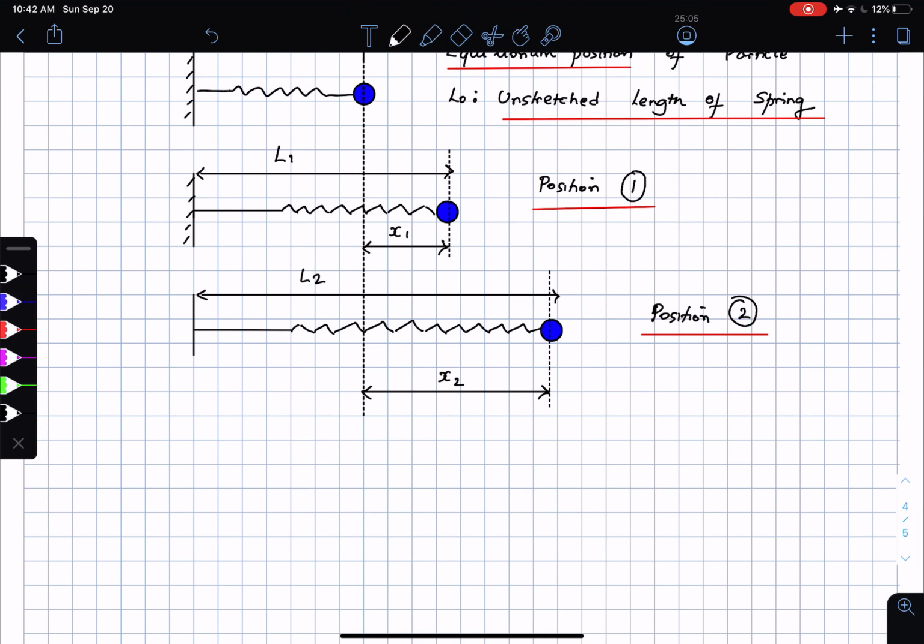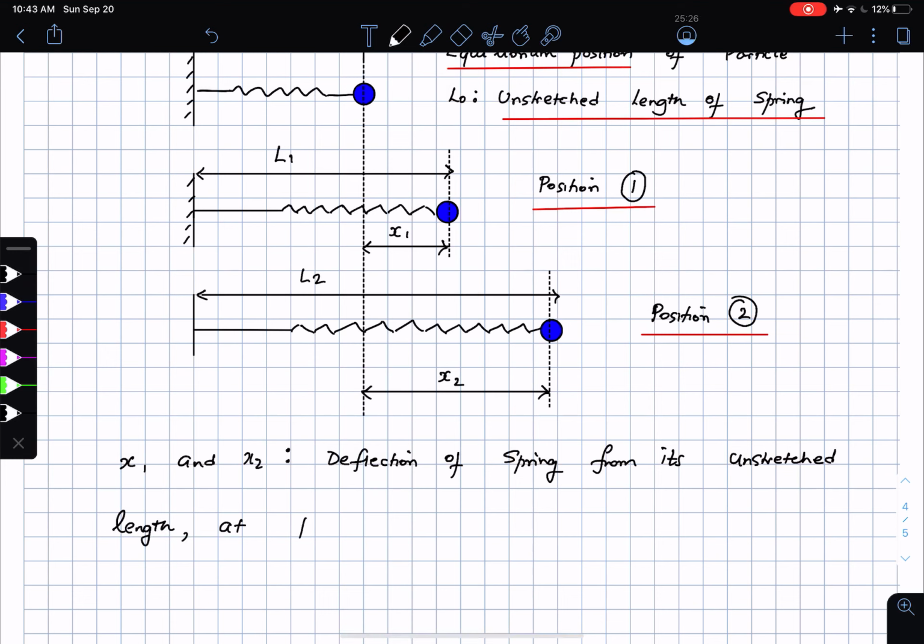So x1 and x2 are the deflection of the spring from its unstretched length at positions 1 and 2 respectively.